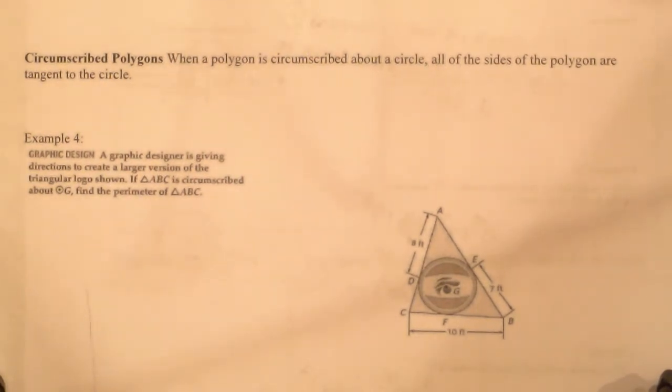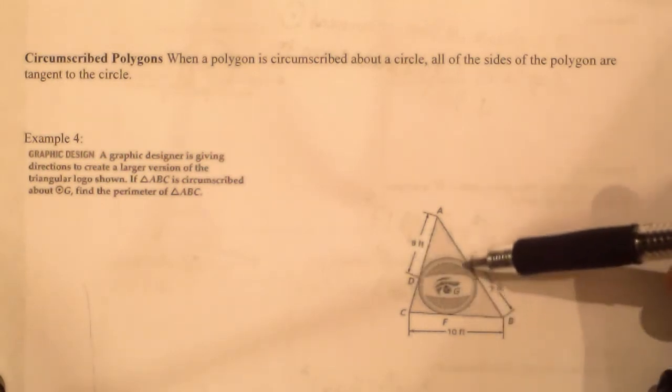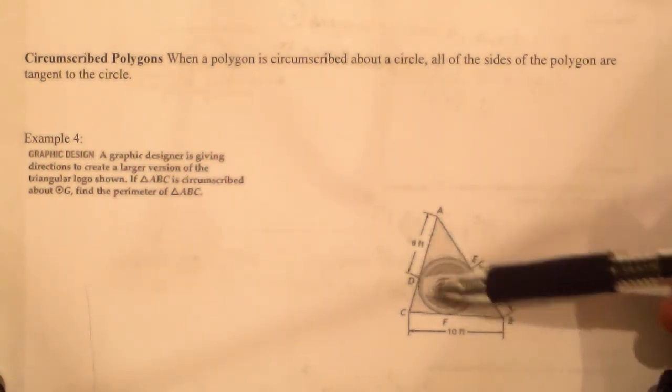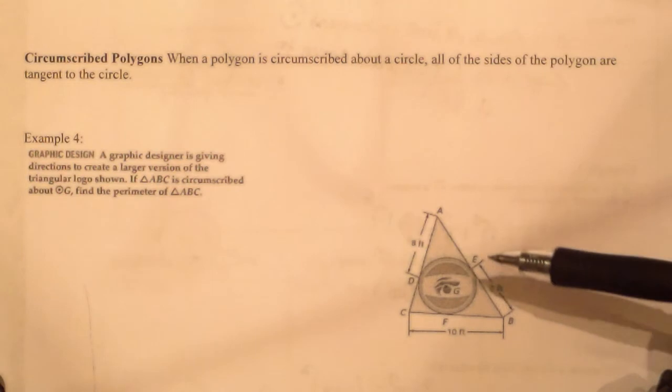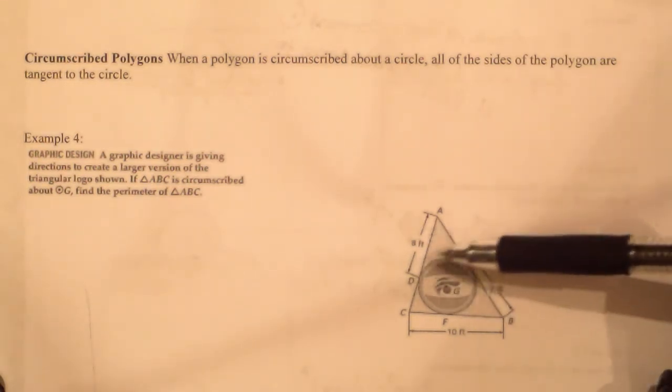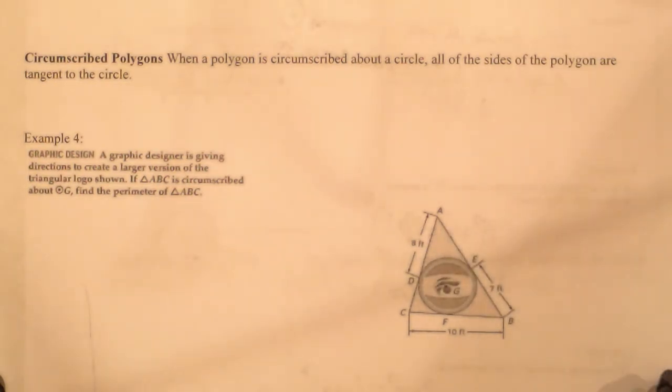Alright. Last one, circumscribed polygons. So we talked about circumscribed polygons in the lesson before last. And so remember, inscribed means the polygon is on the inside and all the vertices touch the circle.